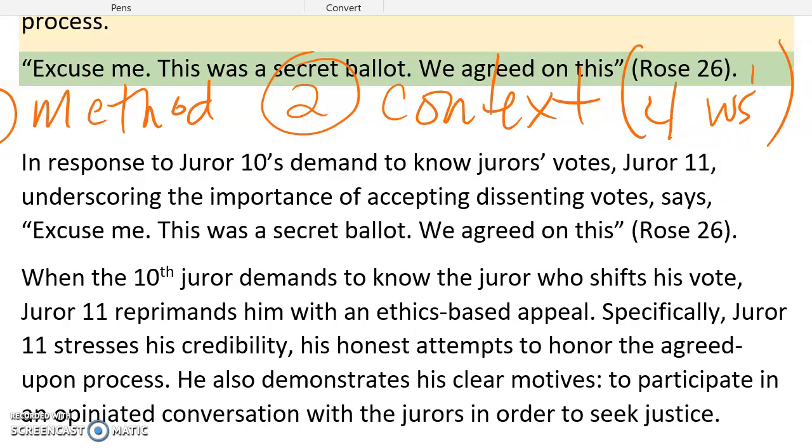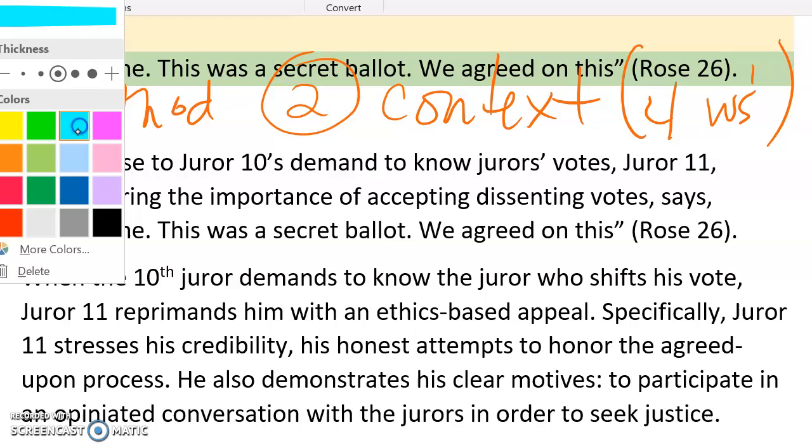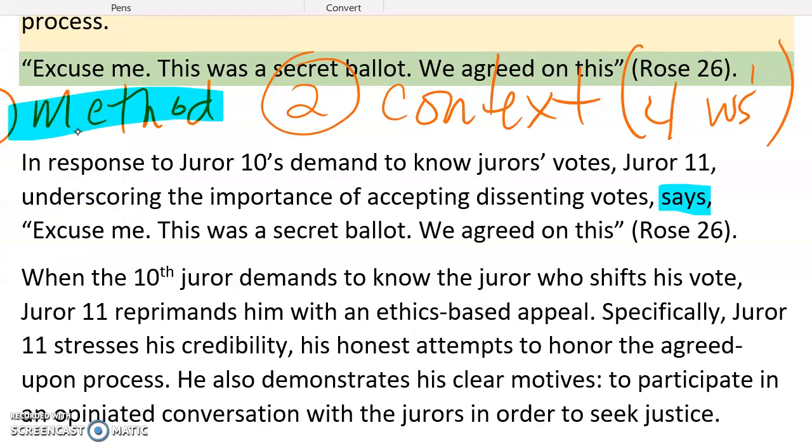This isn't the perfect sentence. Just like I said yesterday, I'm writing this live in front of you. I would go back and I would try to fine tune things. But just in the interest of time so we can get to workshop, let me just explain what we have here. First of all, method. Identifying the speaker in this case, the juror says. I think that was the right method to use with this particular example.